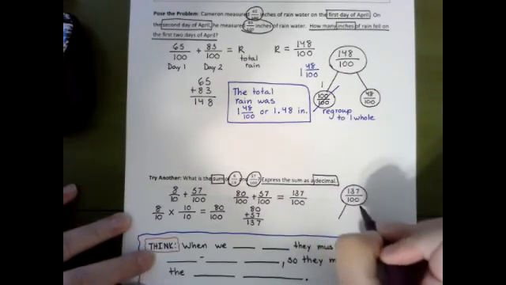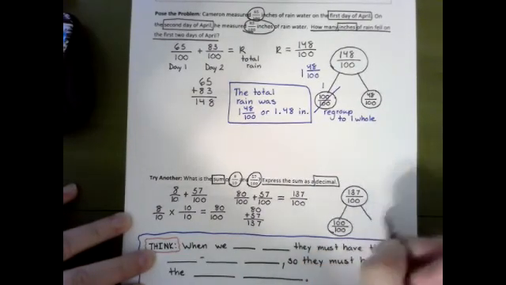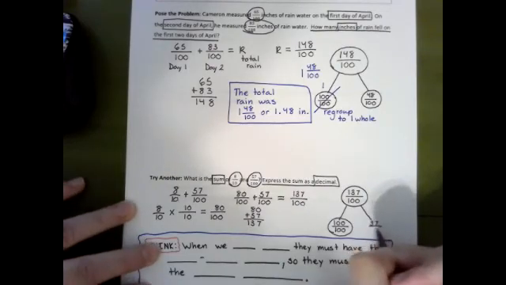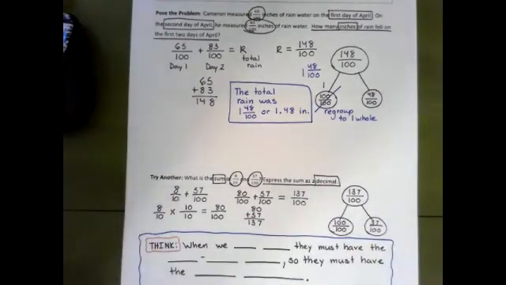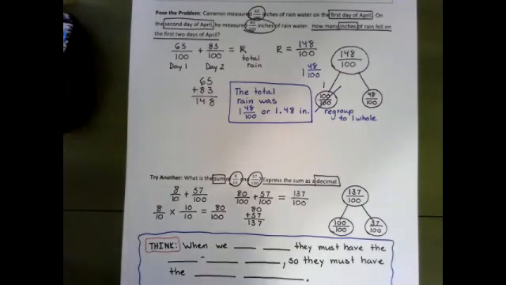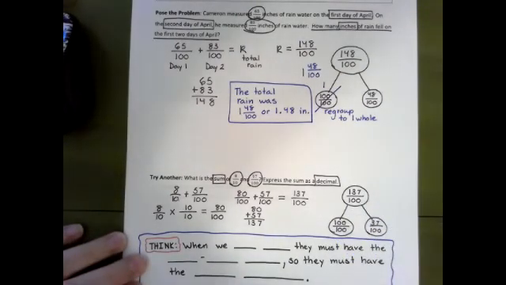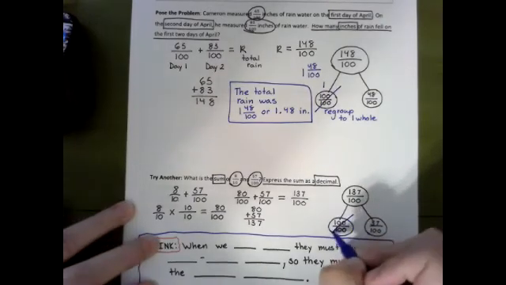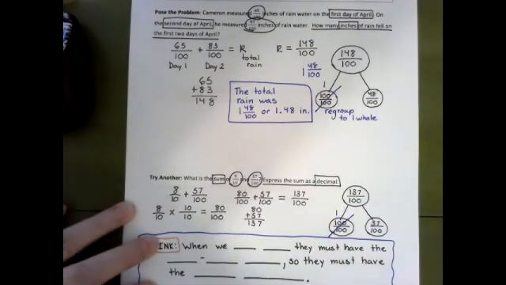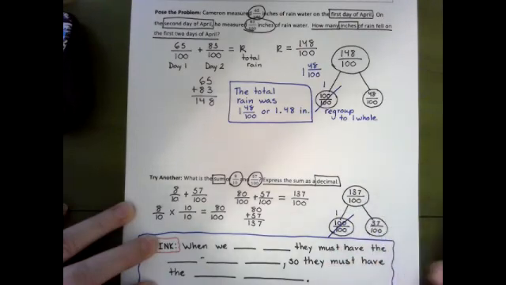I can break that into 2 parts. 100 hundredths and 37 hundredths. Whenever I see a fraction that is the same in the numerator and denominator, that fraction can be regrouped as 1 whole. 100 hundredths is 1 whole. So now I have 1 and 37 hundredths.